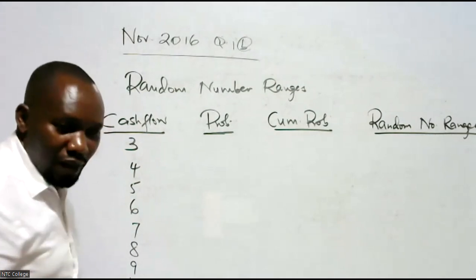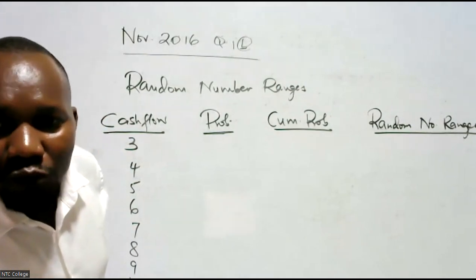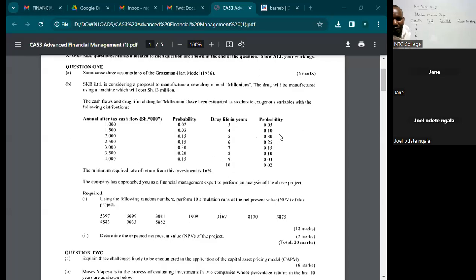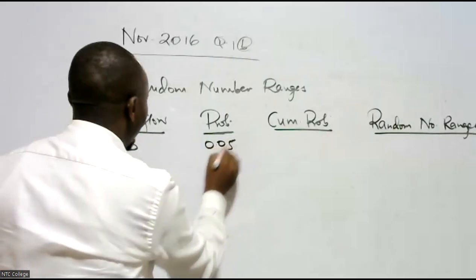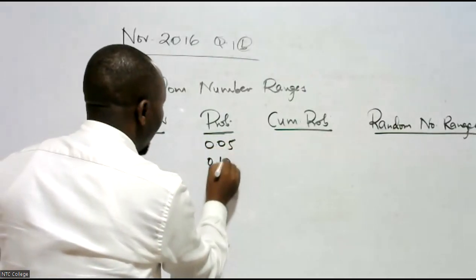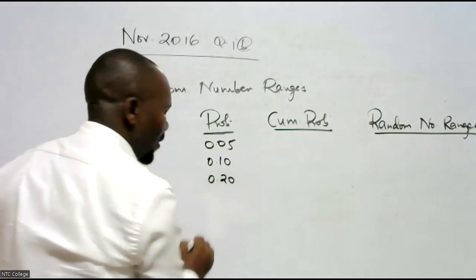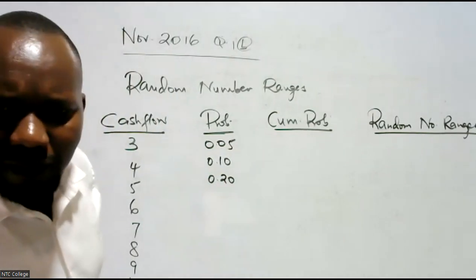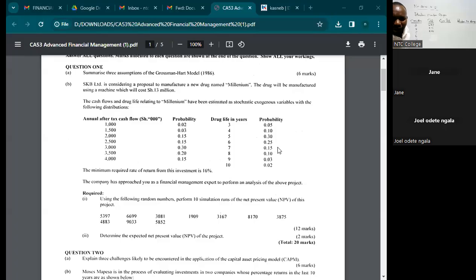Then we have our probabilities, which should also add up to 1. That's the secret. 0.05, 0.10, 0.20, 0.30, 0.25. Is it 30, 25? I always forget very fast. 30, then 25, then 15.